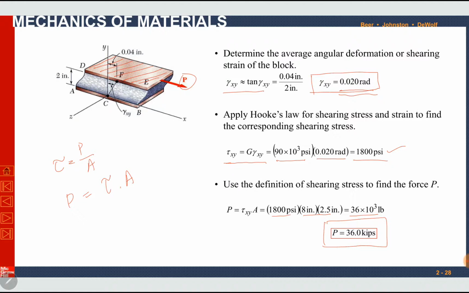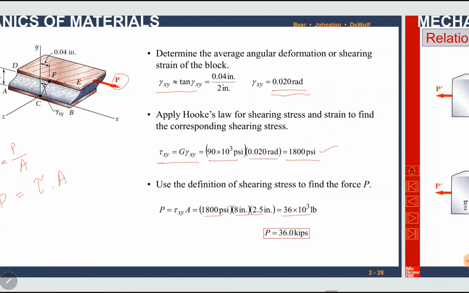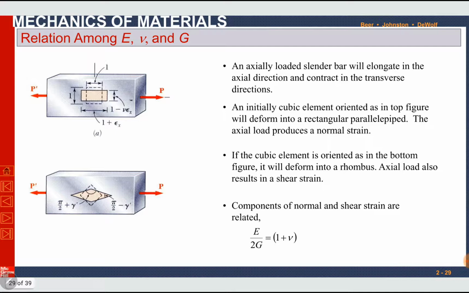Okay. Our next topic is the relations among E, which is modulus of elasticity, nu, which is Poisson's ratio, and G, which is modulus of rigidity.